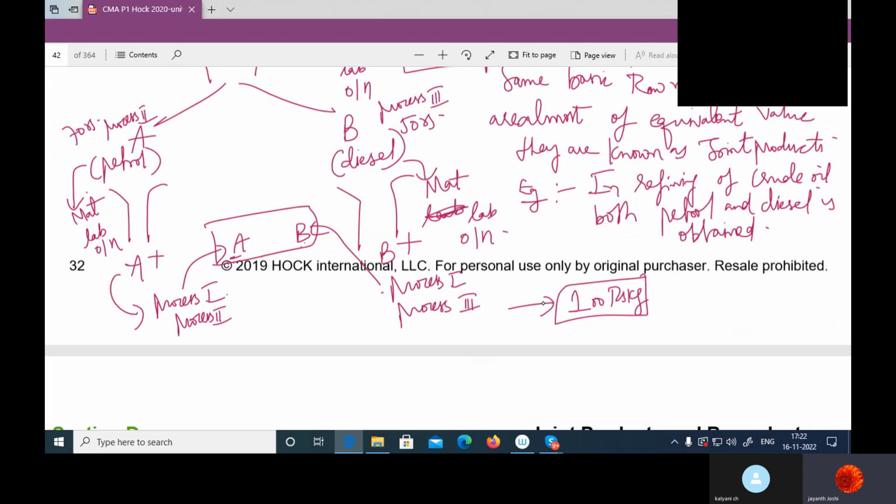We are not putting special machinery or special efforts for that. It itself is coming out. I'll be selling it for 2 rupees per kg. Actually 2 rupees per kg is negligible, but still it matters. That is called a byproduct.